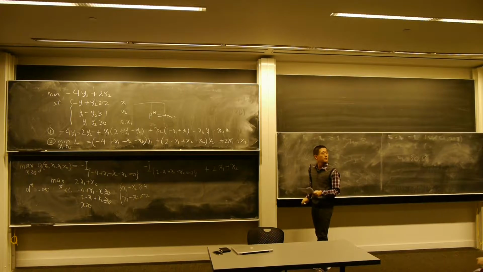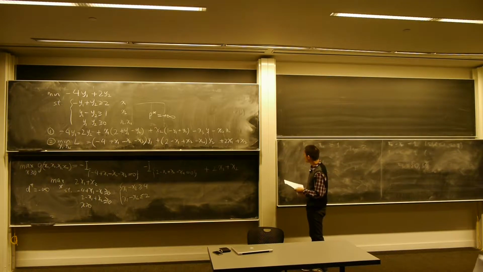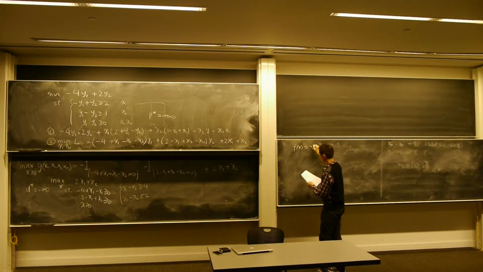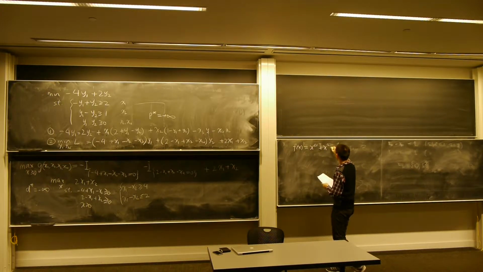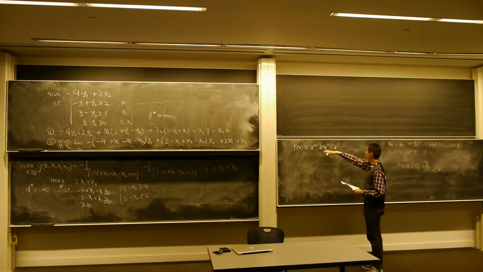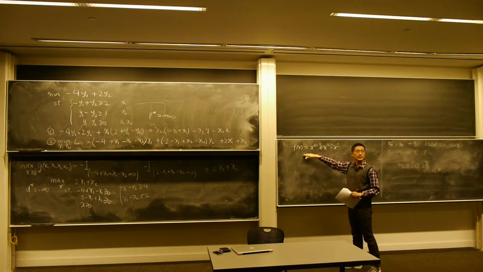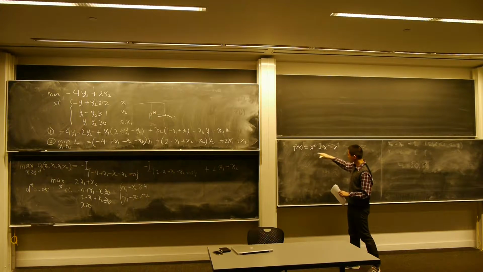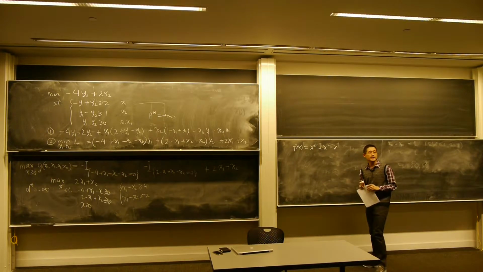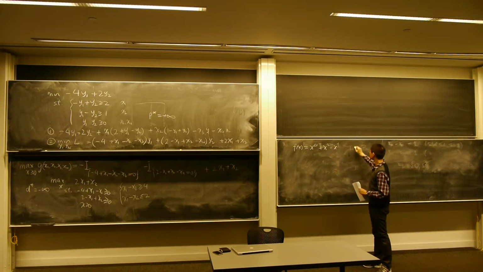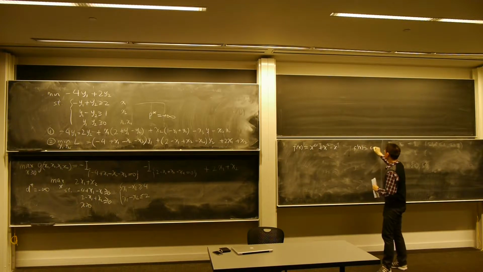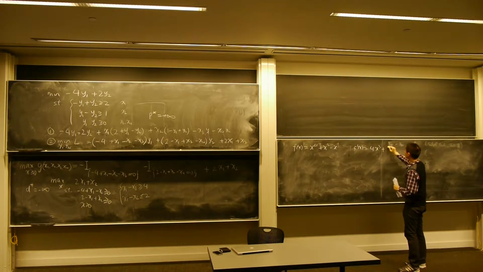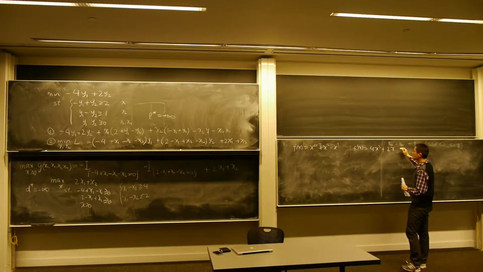Okay, so the second problem is convexity of 4 equations. First one is this. And what you do to find out the convexity is, this is a differentiable function, you just take the second derivative of this function. The first derivative is 4x cubed plus 2x minus 1.